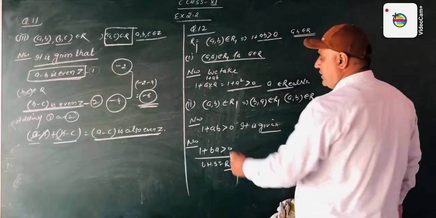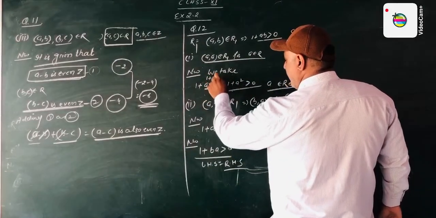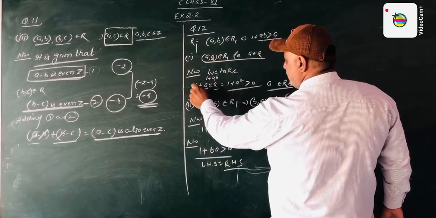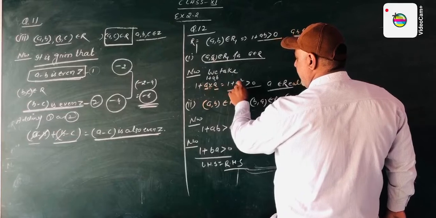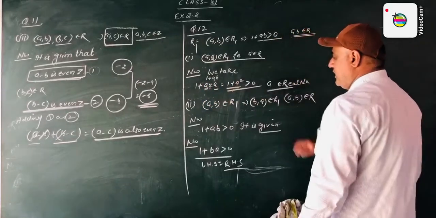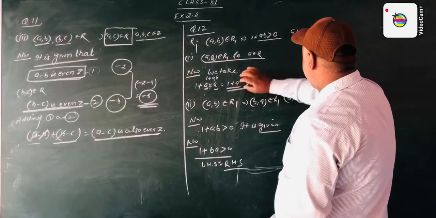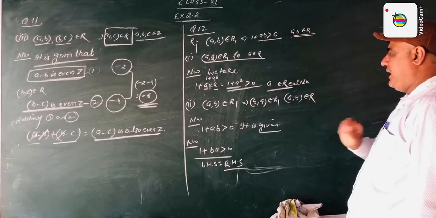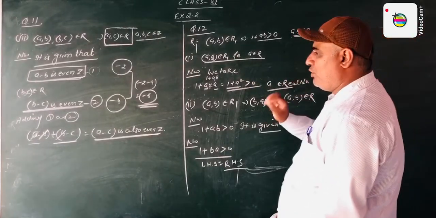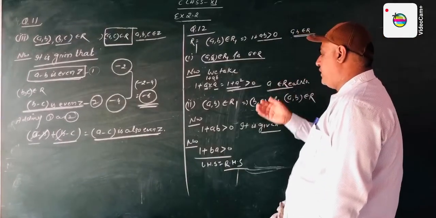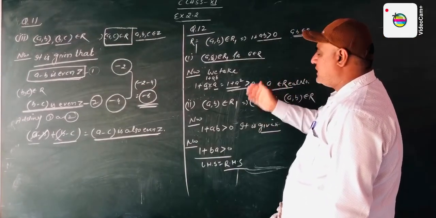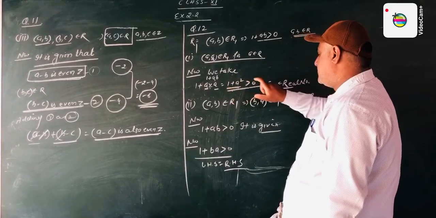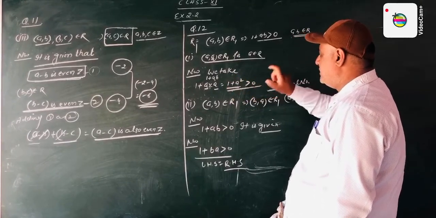If we put A is equal to A and the value of B is also equal to A, the result is 1 plus A multiplied by A. It means 1 plus A square. If A is any real number, the square of any negative or positive number is a positive number, then we add 1, and this result is also greater than 0.